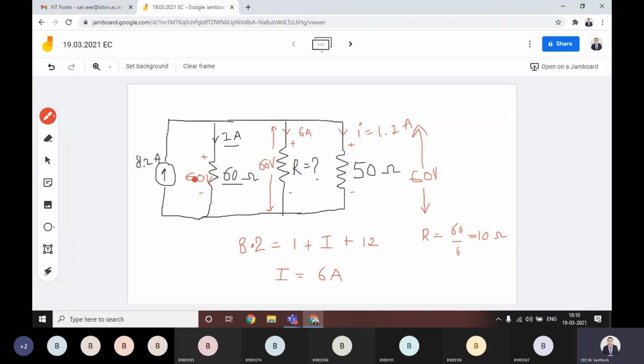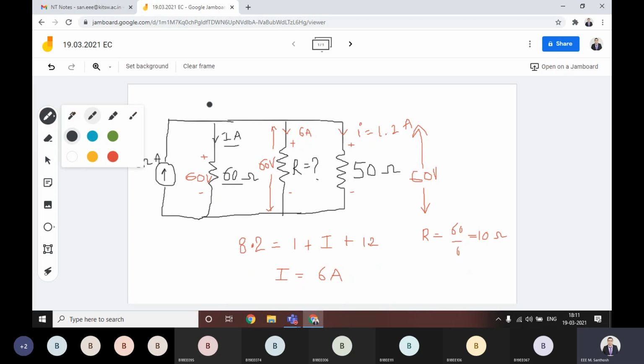In your exam you will directly write 60 volts on the paper, then directly write the current 1.2. Then this is entering and this one is leaving, you will find the current value. Then 60 by that current, directly you will check options. This process won't take more than 1 minute. The level is a bit easy only.